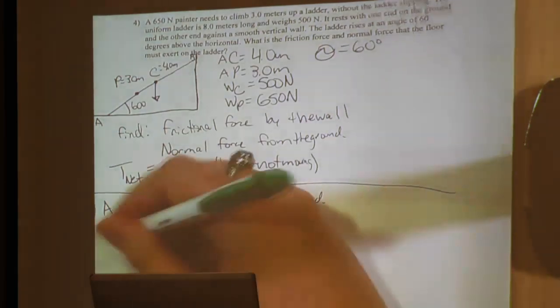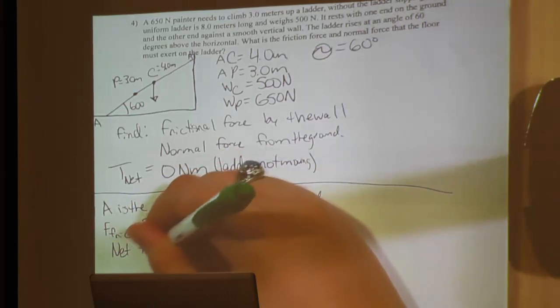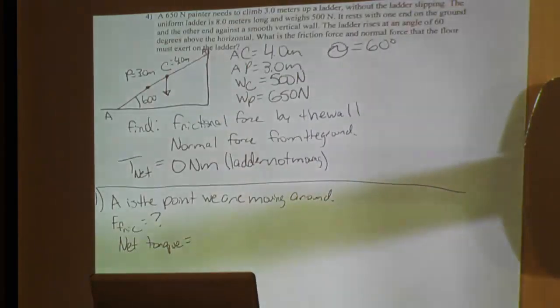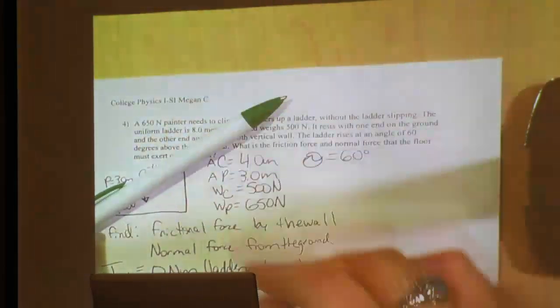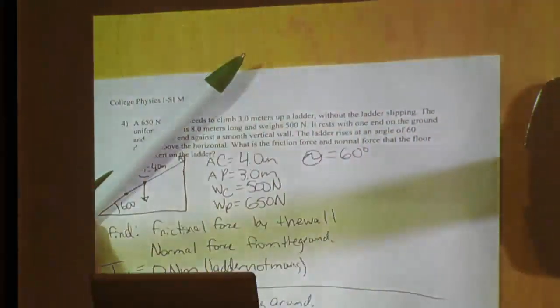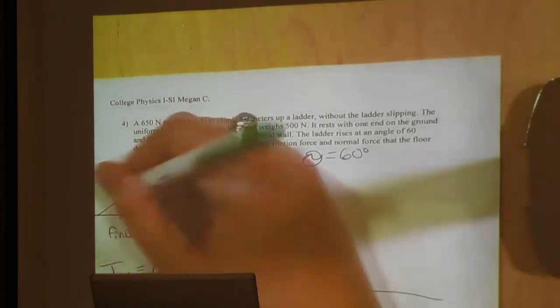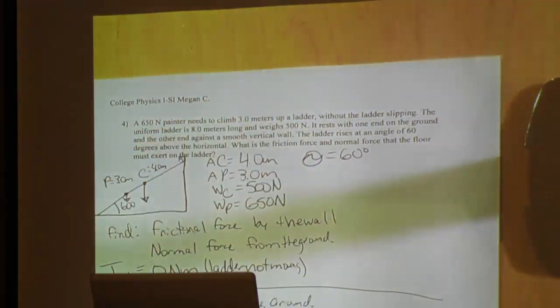We said net torque is going to be equal to 0, but we're going to set up to solve for net torque. So what are the components acting at point B? If we're moving like this, what do we have acting there? Weight, by who?